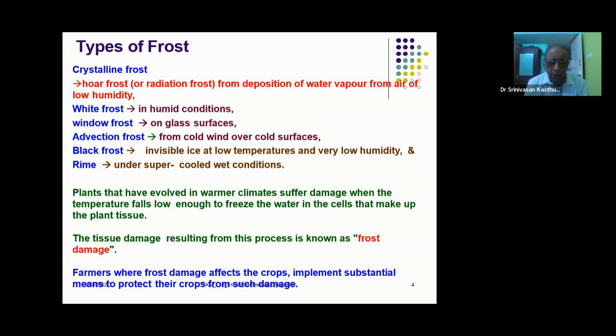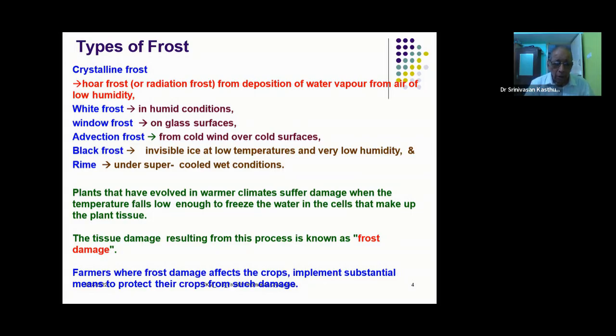Now, normally plants evolve in warmer climates. For example, you have trees, and different types of trees are there. They have all evolved in warmer climates. But if you have a lower temperature, they suffer damage because the temperature falls low enough to freeze the water in the cells that make up the plant tissue.